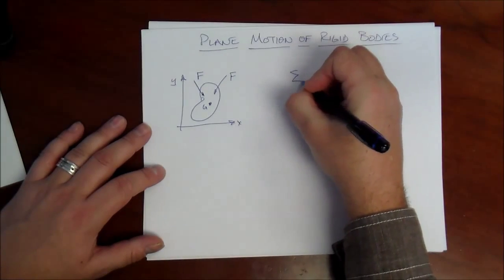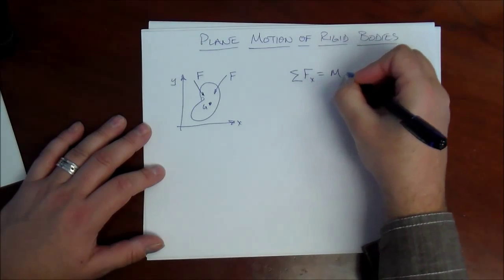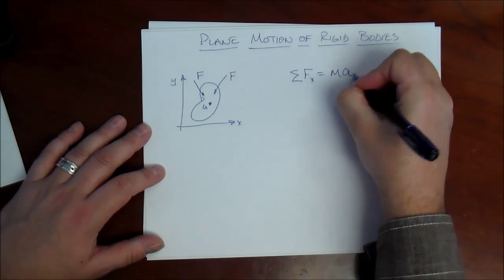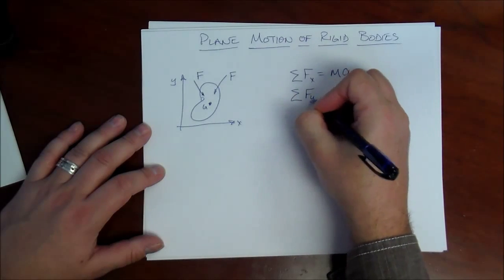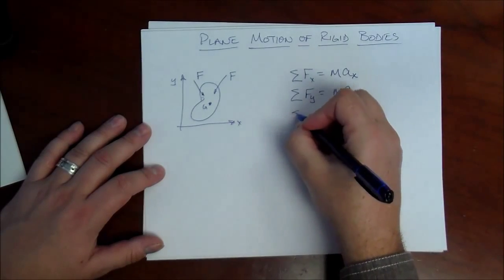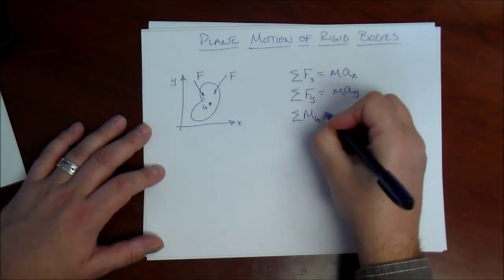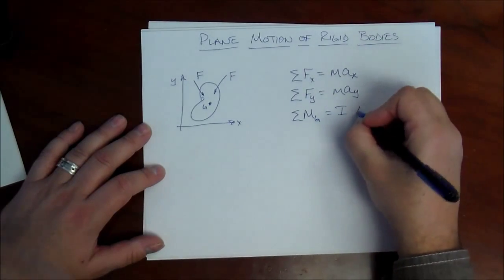First, the sum of all forces in the x direction equals the mass times the acceleration in the x direction. Then we have the sum of all forces in the y direction as the mass times acceleration in y. And then the sum of all moments about G is equal to the mass moment of inertia I times alpha.